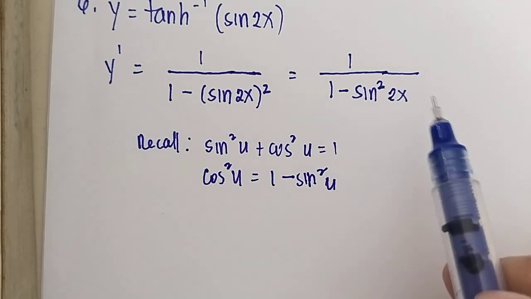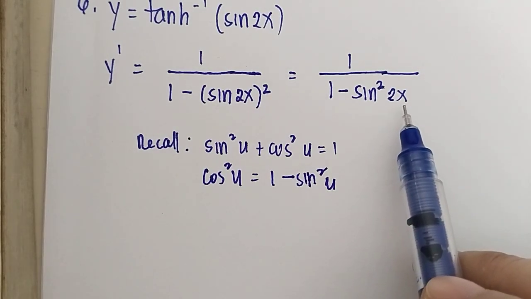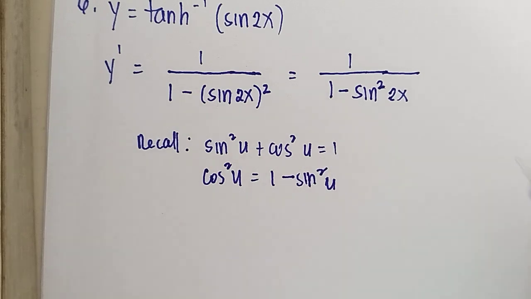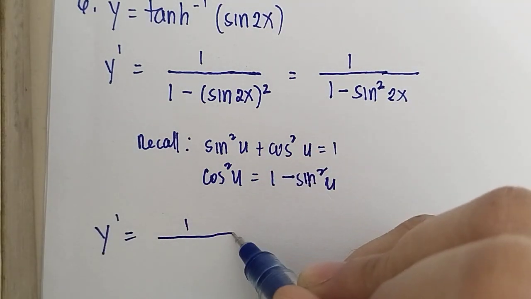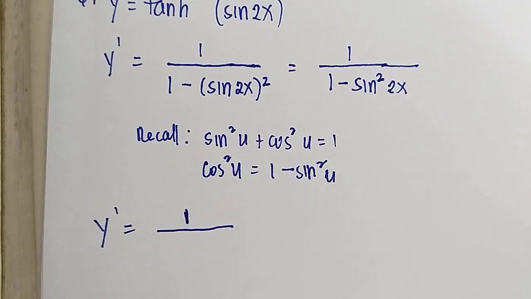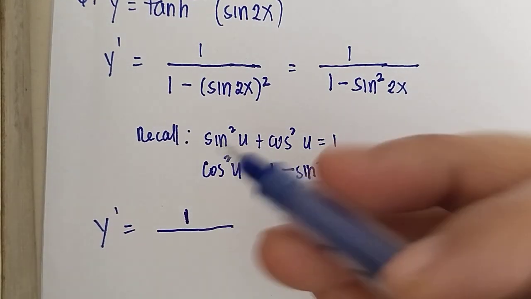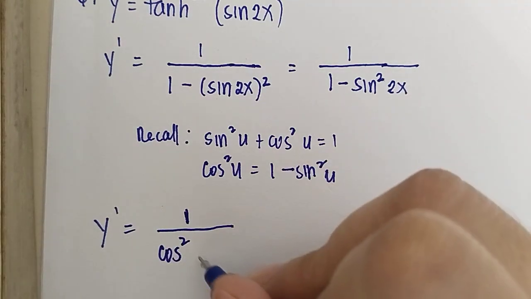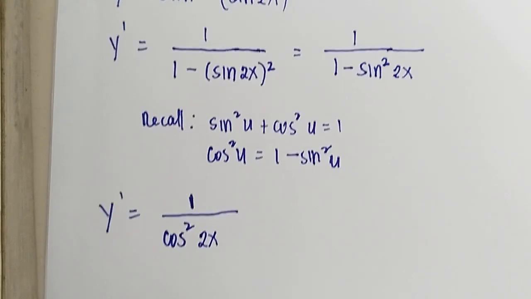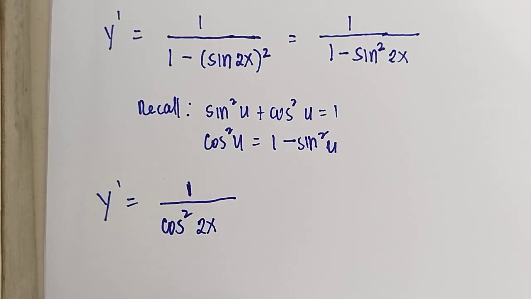Here, you will notice our u is 2x. Therefore, this is equal to 1 all over the square of cosine of 2x.